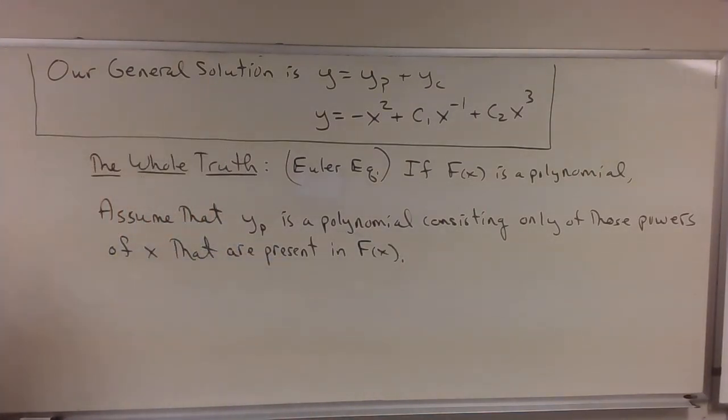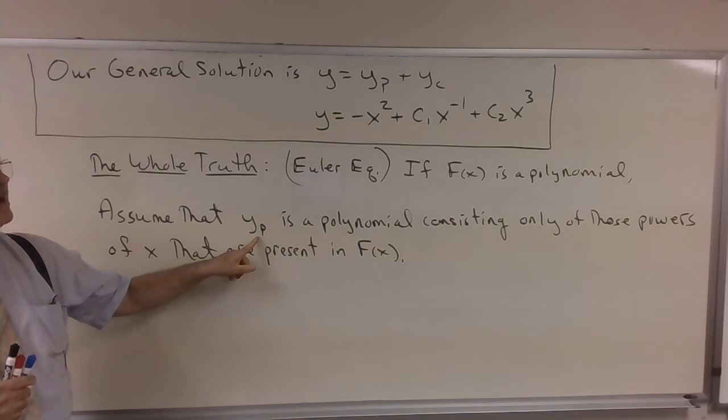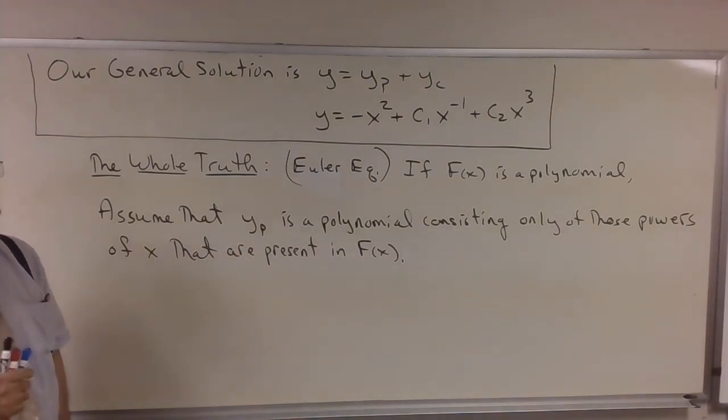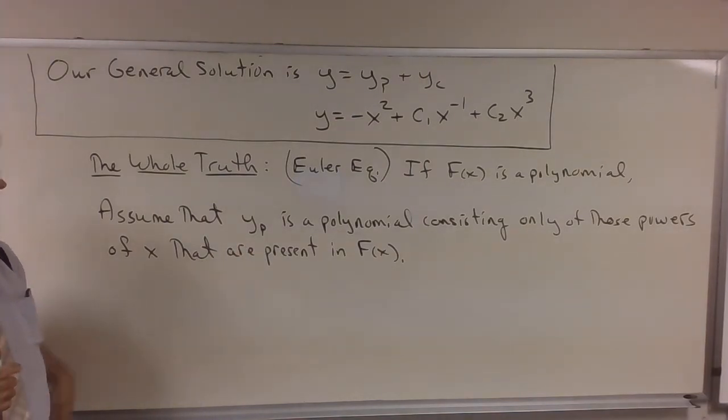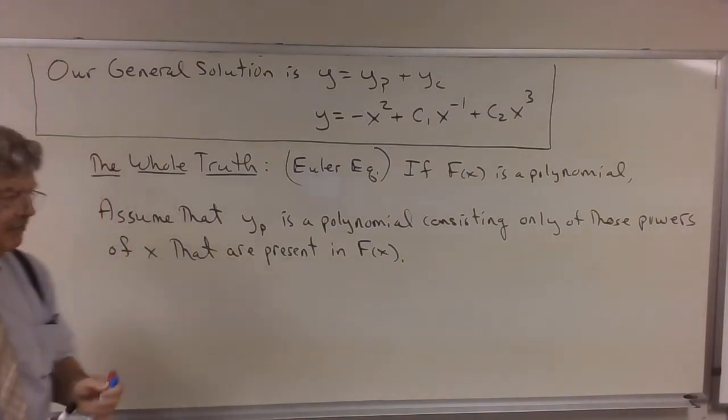Okay. If f of x is a polynomial, in other words, if the right-hand side of the equation is a polynomial, we'll assume that the particular solution is a polynomial, consisting only of those powers of x that are present in f of x.